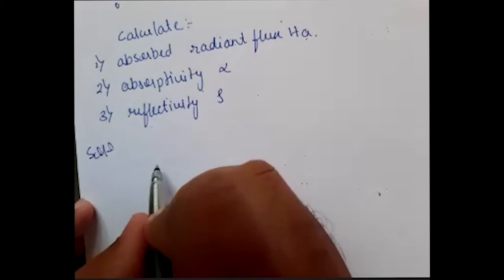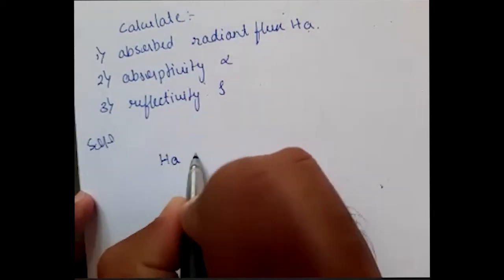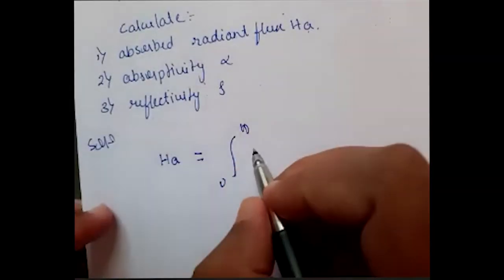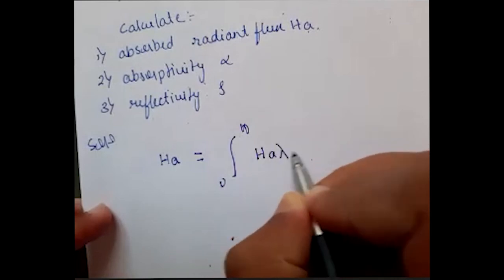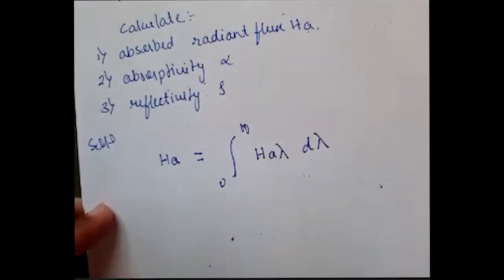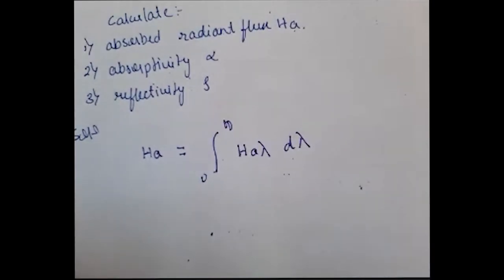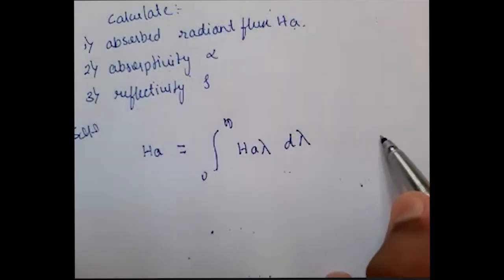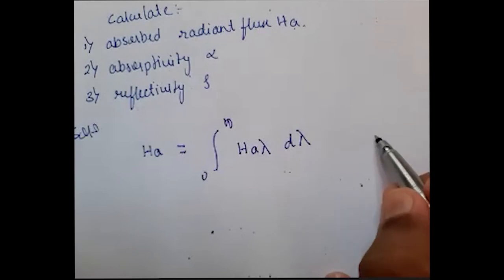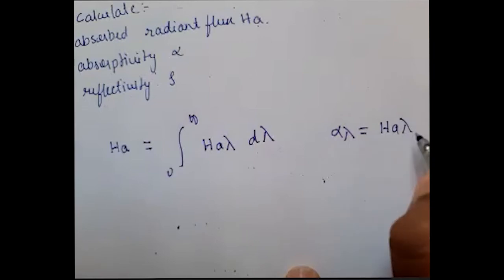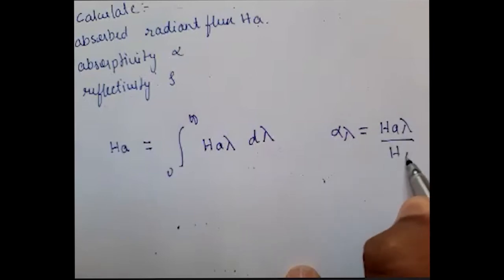We know that the absorbed radiant heat flux, when varied along the wavelength, gives me HA lambda into d lambda. And according to the monochromatic hemispherical absorptivity, alpha lambda will be equal to HA lambda divided by H lambda.